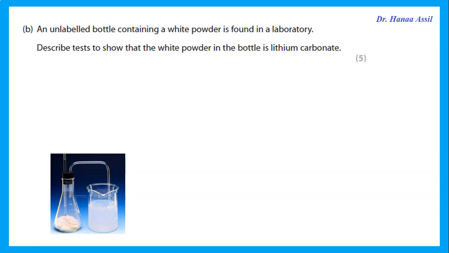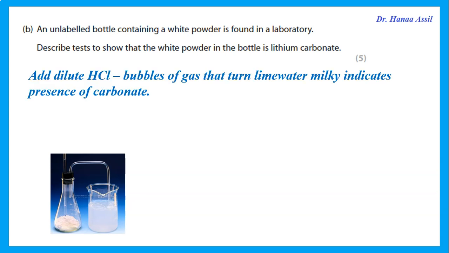You should know the test for carbonate is add dilute hydrochloric acid, bubbles of gas that turn lime water milky would indicate the presence of carbonate. Remember that the gas given off is carbon dioxide, but here again we're writing the observation. So the observation is bubbles of gas that turn lime water milky.